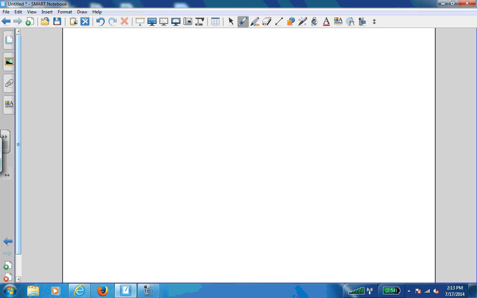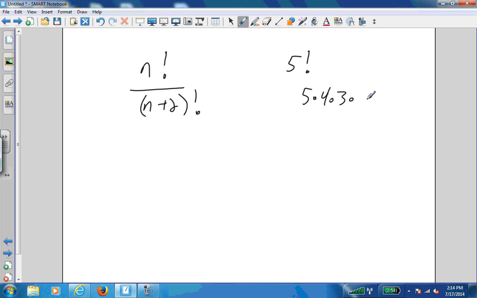The next little section is dealing with simplifying factorials. And eventually we're going to be doing some things involving some factorials. So let's look at simplifying something such as this. And remember that a factorial, if I have 5 factorial, that means 5 times 4 times 3 times 2 times 1.